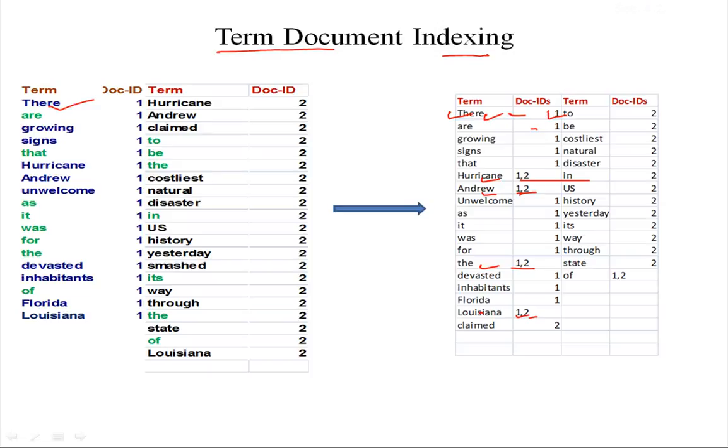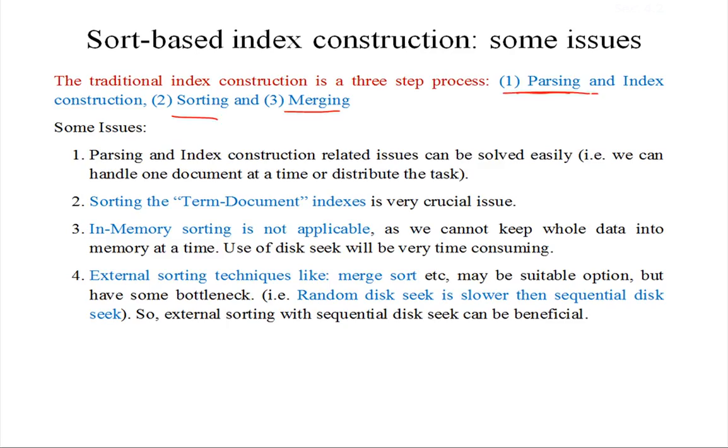Making such an index by taking one or two documents is very easy, but if you have billions or trillions of documents, then some optimization techniques or optimal methods may be necessary. So in index construction, the first step is parsing, the second step is sorting, and the third step is merging.